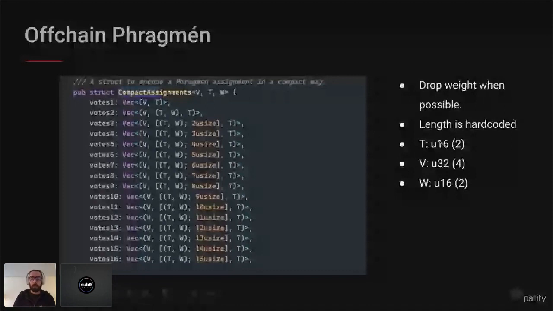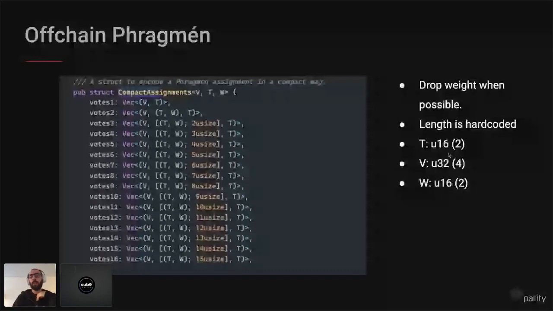So if I vote for 3 validators and the first 2 weights are 25% and 25% respectively, we know that the third one is 50% because that's the rationale behind it. So we also drop the last weight of each distribution edge. And as mentioned, we also use U16, which is 2 bytes, for weights and as the indexes as well.